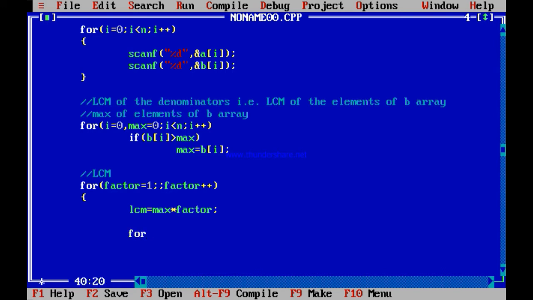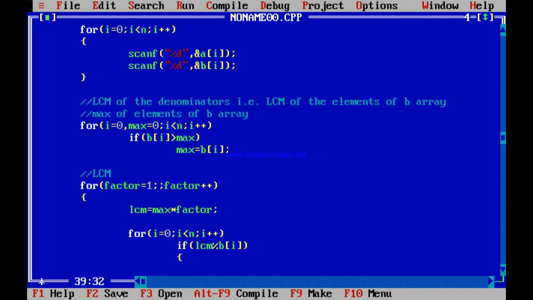How? For all elements, I equal to 0, I less than n, I plus plus, I will check if LCM is divisible by BI or not. If it is not divisible for any, then I can immediately say that it is not the LCM.